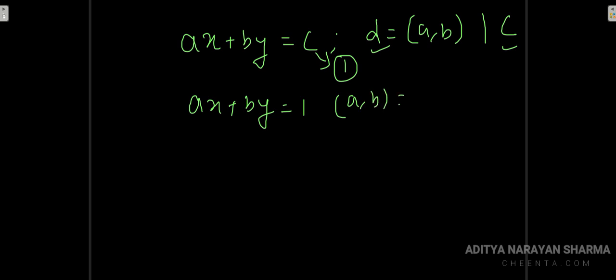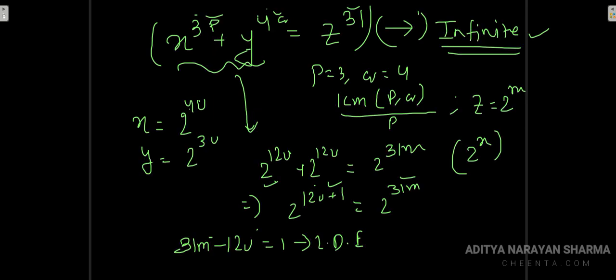So if a and b are co-prime like this, then ax plus by equals 1 has a solution, because 1 divides 1, right? So this is exactly the case here, because you see 31 and minus 12 are co-prime, and the GCD should divide 1, which is on the right hand side. So this always has infinitely many solutions.